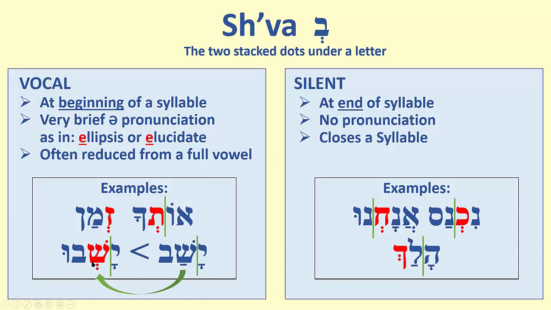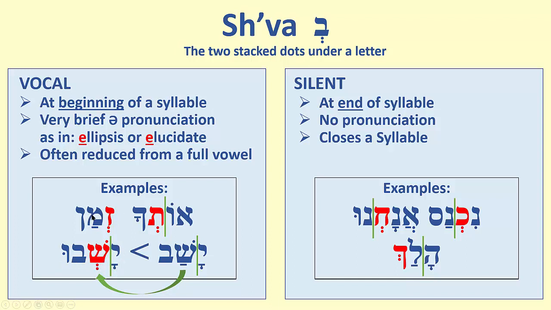This schwa right here comes from an original short vowel. We see it in another verbal form, yashav. We see that vowel, but when we add this suffix to another of the verb's forms, it reduces. Instead of yashav, it becomes yashavu.